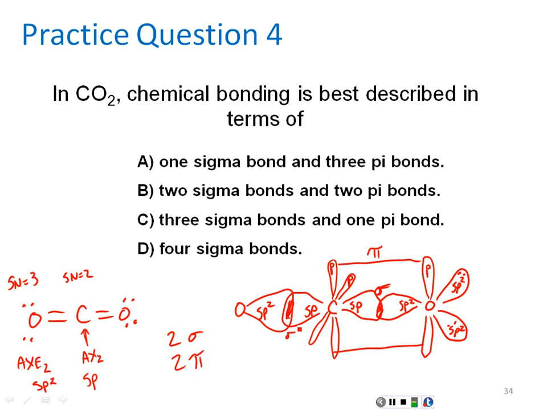The sigma bond there, but its unhybridized p orbital is going to be 90 degrees different from the other oxygen. So it'll form a pi bond, and again it has the 2 lone pairs. So that's 2 sigma bonds here and here, and 2 pi bonds, which would be choice B.